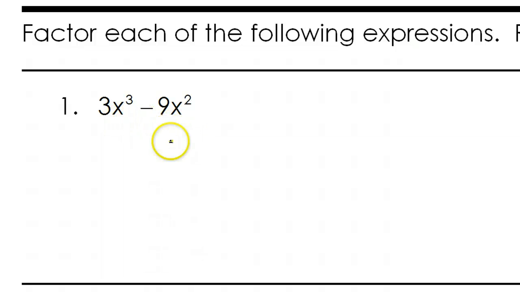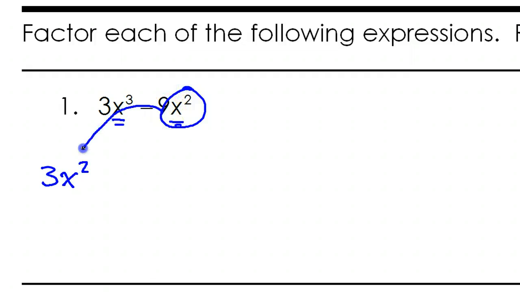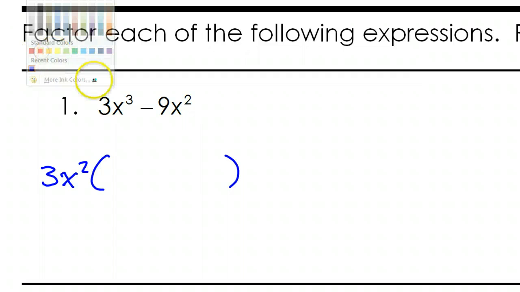So looking at problem number 1, hopefully you recognize that the greatest common factor is 3x squared. For the variables, you always go with the lesser amount. That's how I knew it would be x squared. And then we can think about what's going to go on the inside of the parentheses.